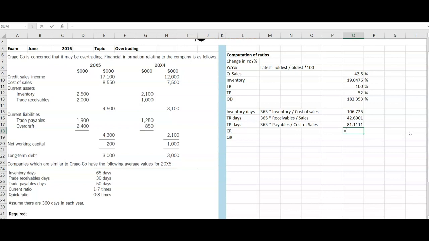The current ratio is 4500 divided by 4300, and the quick ratio is either way going to be very similar to this. The numerator will be only the trade receivable, which is 2000, and current liabilities. So we got all the numbers here.